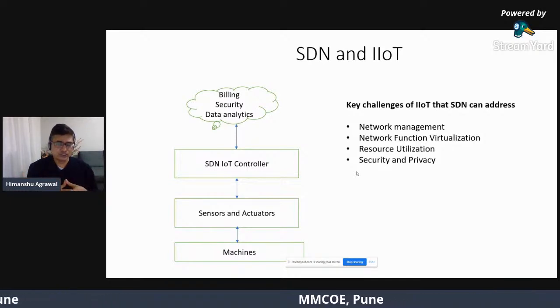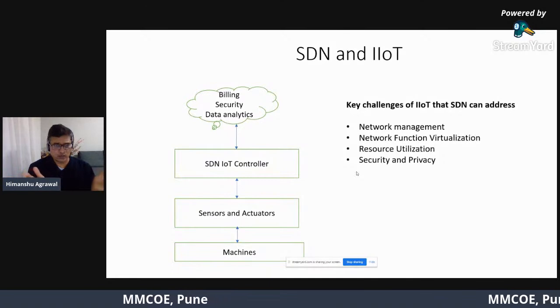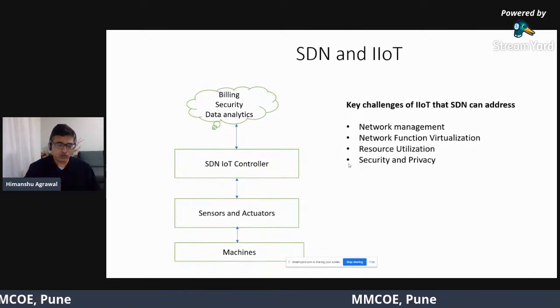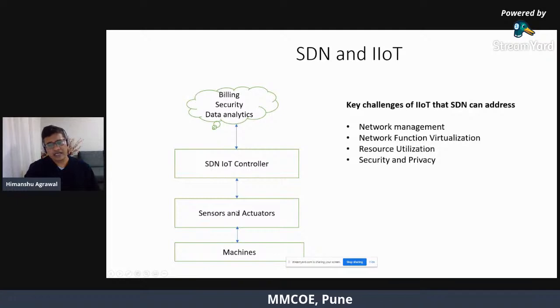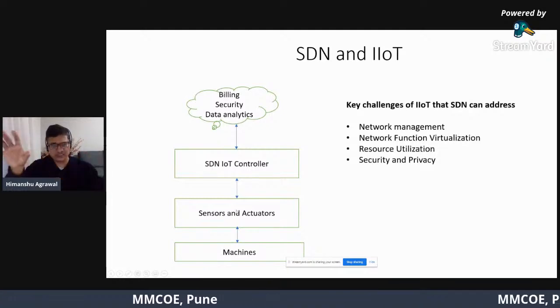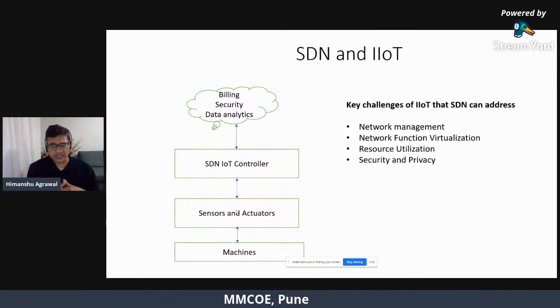And if you know, Cisco is a major player in taking this SDN platform forward for industrial IoT. So this shows how you have various machines having sensors and actuators, and then you have the SDN IoT controller sitting on top of these sensors, and then you have the applications on top, such as billing and security or data analytics applications.